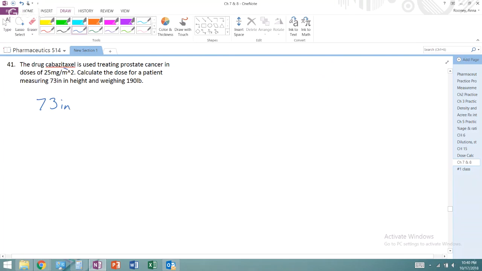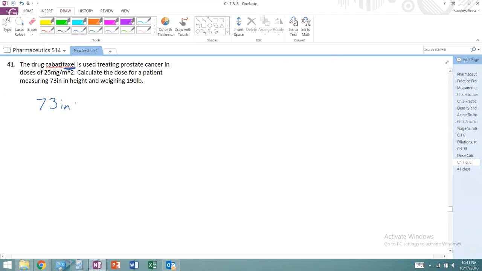You'll find that anything that has a taxel on it is used in a lot of cancers. So just note that for those who actually want to learn stuff. It has a 25 milligram per meter squared dosing, and they want to calculate the dose for a patient measuring 73 inches in height and weighing 190 pounds.